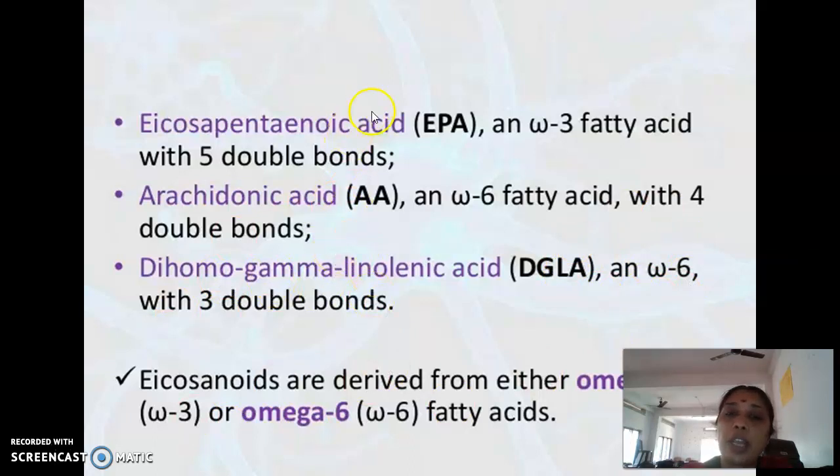These are the different types of fatty acids from which the various types of eicosanoids are synthesized. The eicosanoids are derived from either omega-3 or omega-6 fatty acids, and from these 3 classes we can synthesize eicosanoids. If arachidonic acid is the parent molecule, it is responsible for synthesizing prostaglandins, prostacyclins, and thromboxanes.